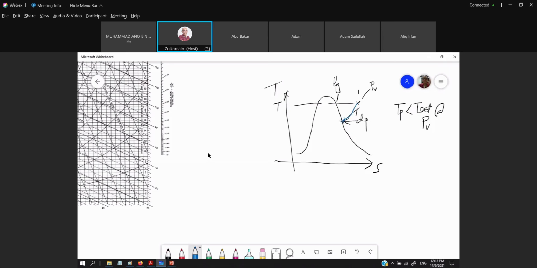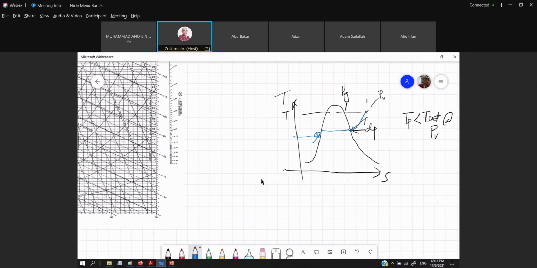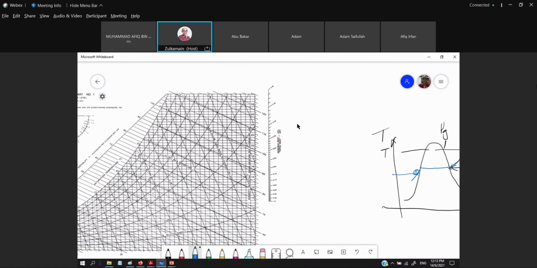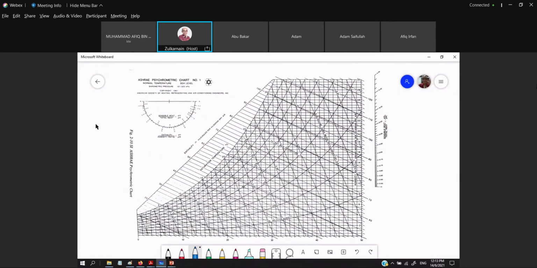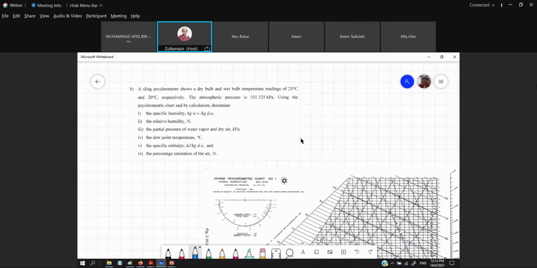If we cool down until TP is equal to TDP, there is no condensation. But when TP is less than TDP, we have this condition. So we are going to have sweating, condensate occurring on the outside surface of this pipe.